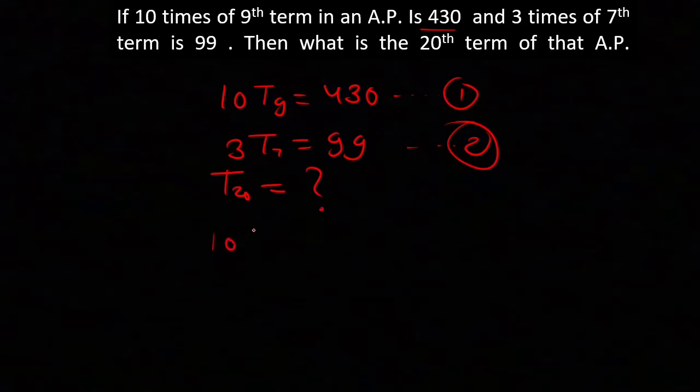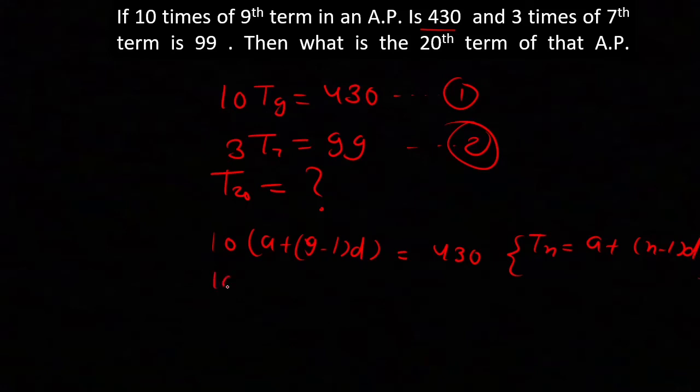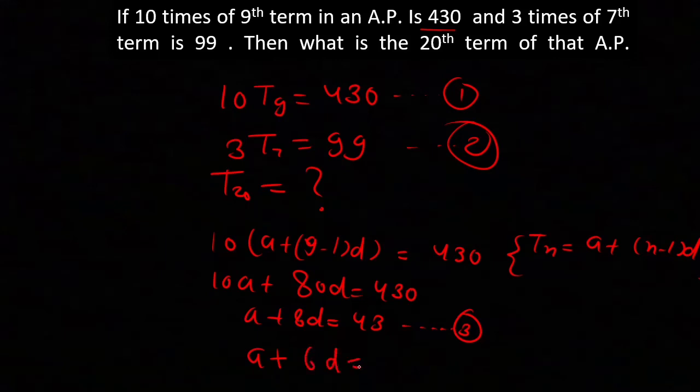So 10 into a plus n minus 1 d is equal to 430, because we know that Tn is equal to a plus n minus 1 times d. So 10a plus 80d is equal to 430, so a plus 8d is equal to 43. This is equation number 3. And from equation 2 we can also say that a plus 6d is equal to 33.